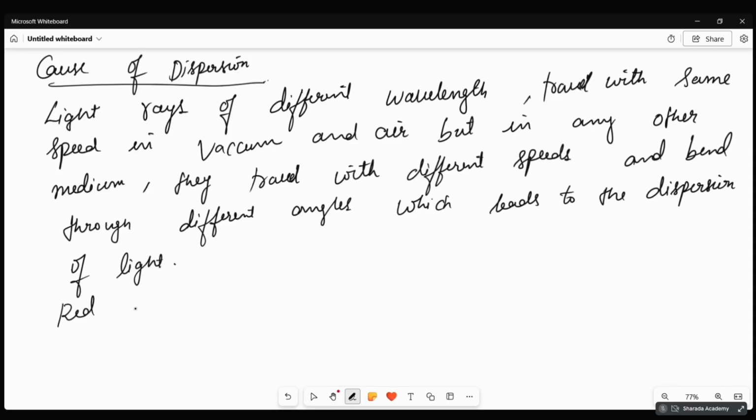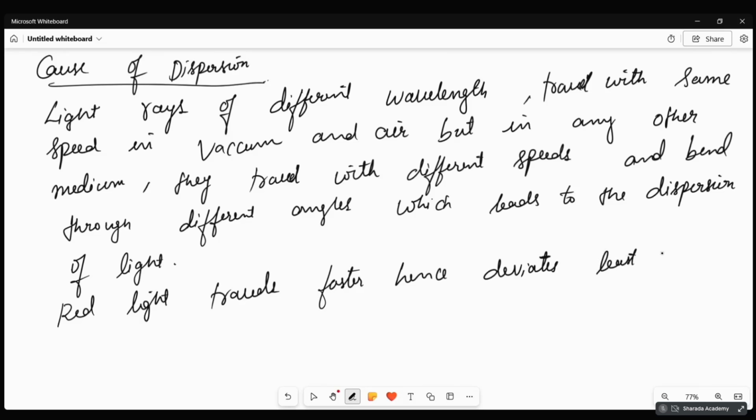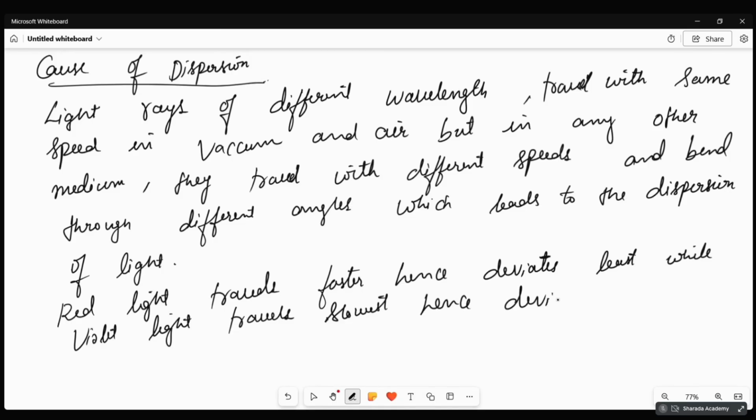Red light travels faster, hence deviates least, while violet light travels slowest, hence deviates most.